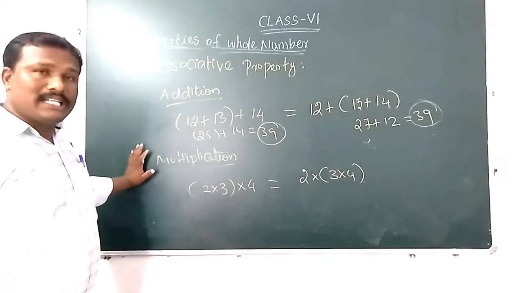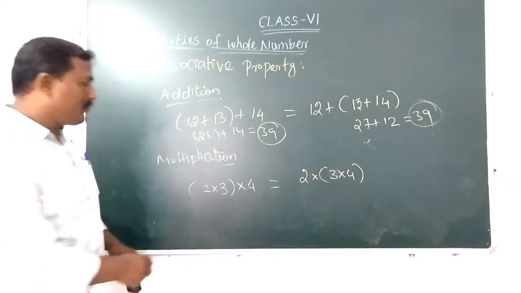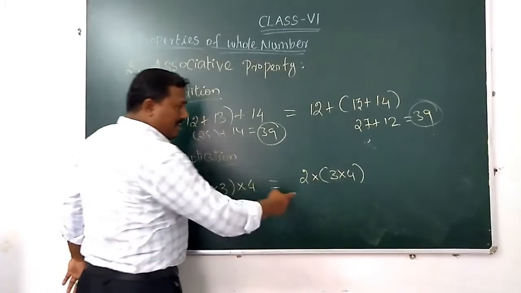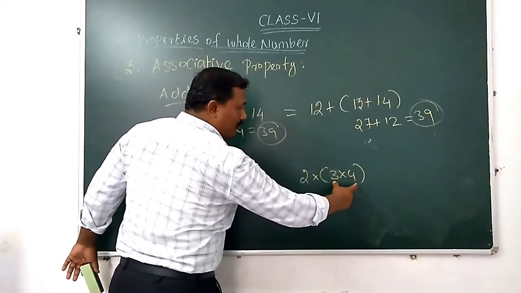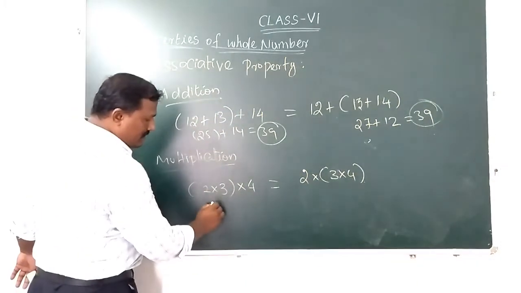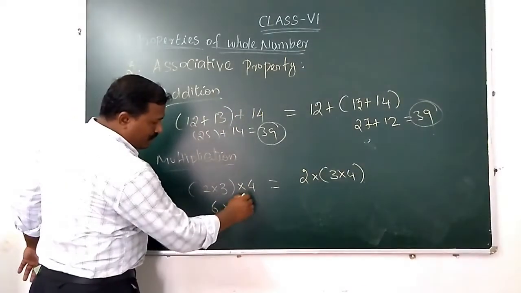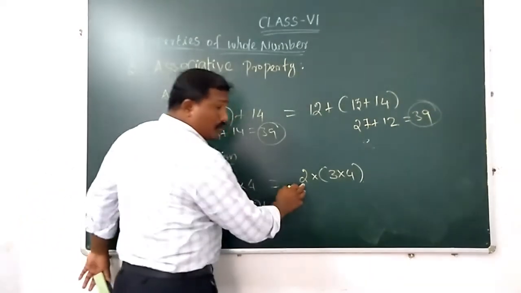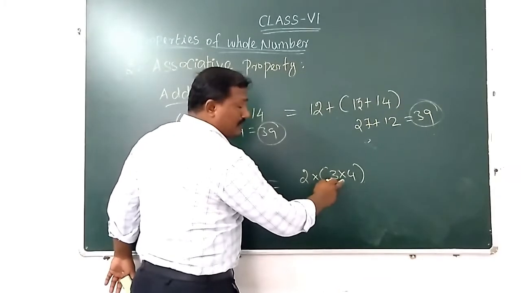Then let me discuss multiplication. Here the associative numbers are 2 into 3, multiplied with 4. But here the associative numbers are 3 into 4, with 2 as a separate number. So 2 3s are 6, into 4, 24. Here 2 is a different number, 3 4 is the associative number.